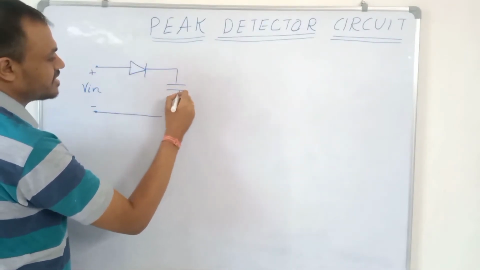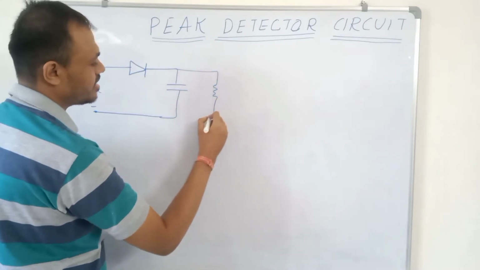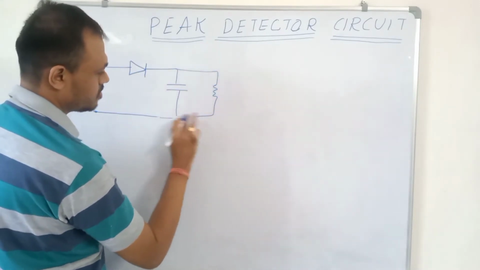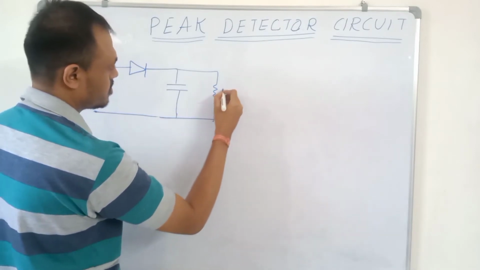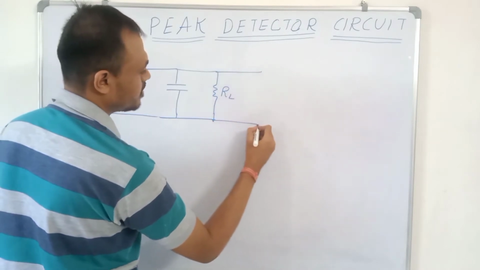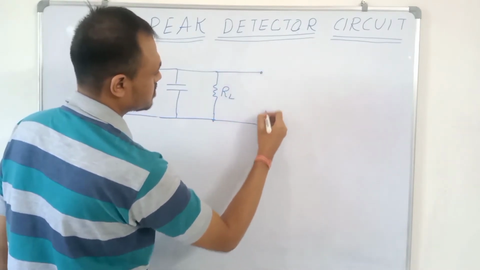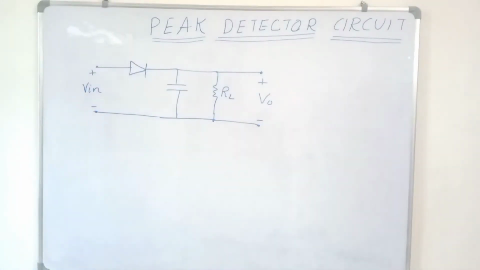There is a capacitor and there is a load resistance RL. And this is the output voltage. So this is the peak detector circuit.